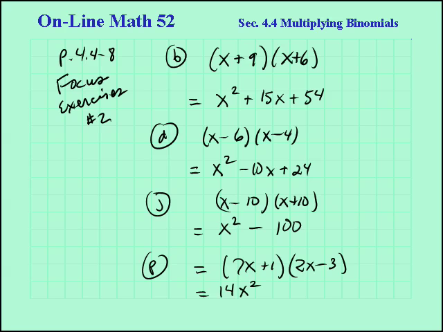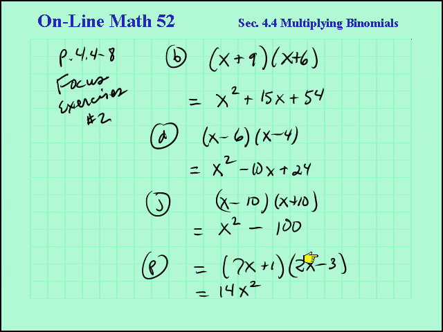Good. Now, we got to do some thinking here, and we're going to have to retain this in our heads. 7x times the negative 3, that's the outer product. That's a negative 21x. Think negative 21x. Okay, we'll put that in the side of our brain. And then here, inner product is positive 2x.